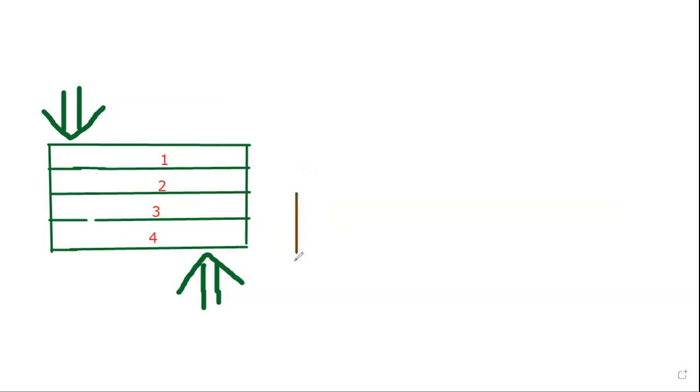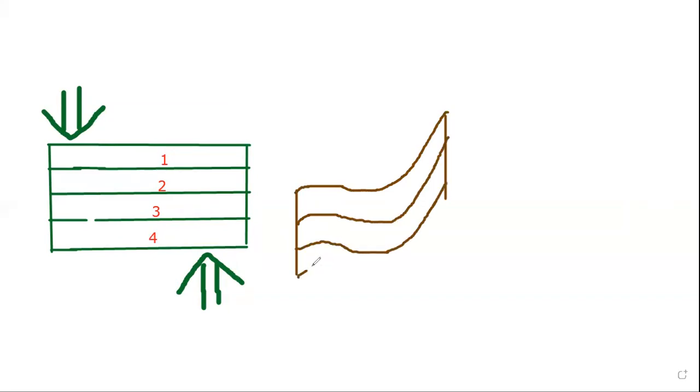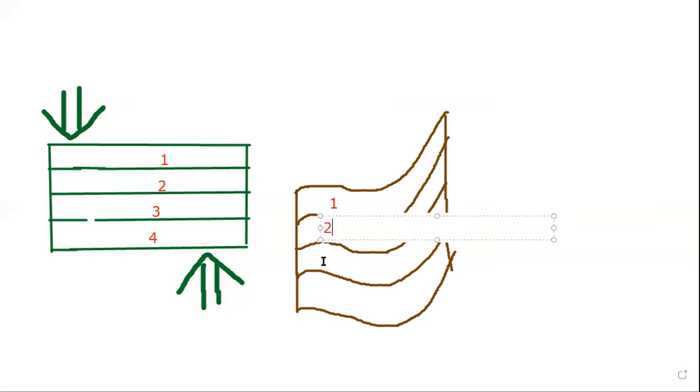So these rocks will rotate like this. So this is the first, this is the second layer, this is the third layer, and this is the fourth layer. Is it right? Have you understood?